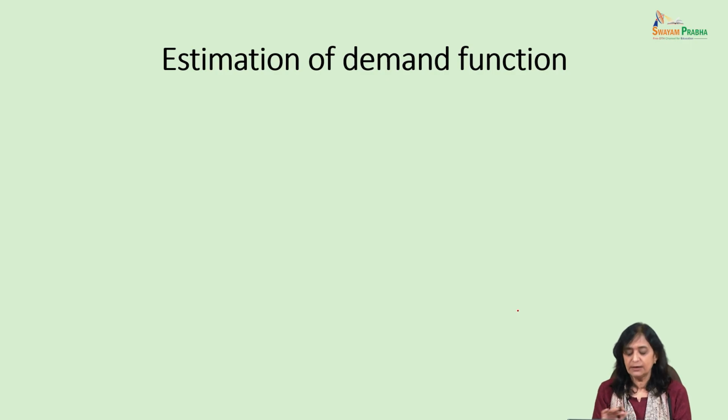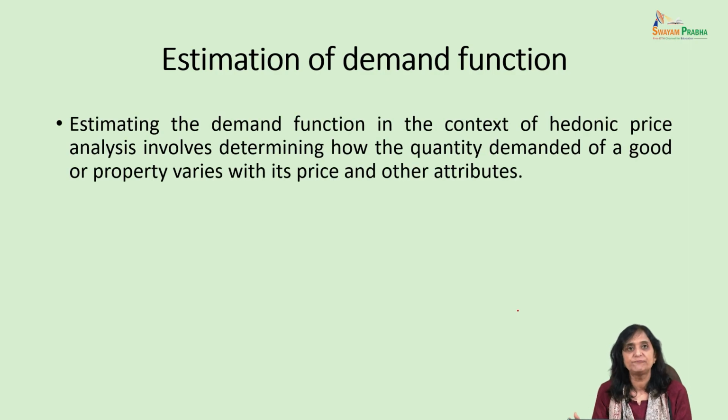The second step is that now we have to talk about estimation of the demand function. We have understood the price, now we understand the demand. So estimating the demand function in the context of hedonic price analysis, what does it involve? It involves how the quantity demanded of a good or property varies with its price and other attributes. That is, if the price of that property changes, how much will its quantity demanded change?